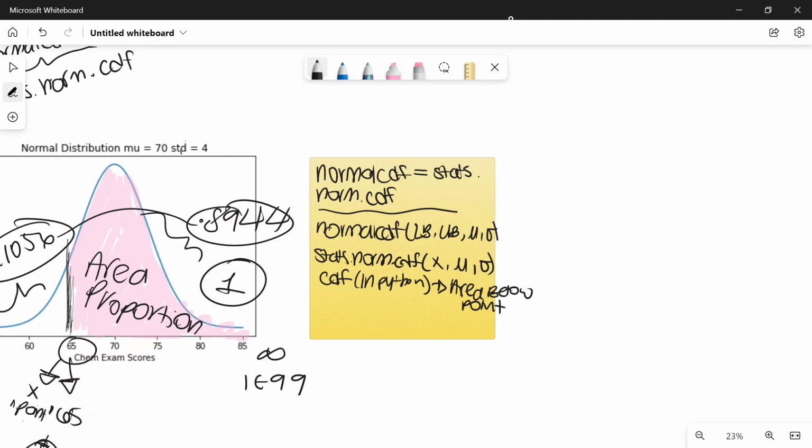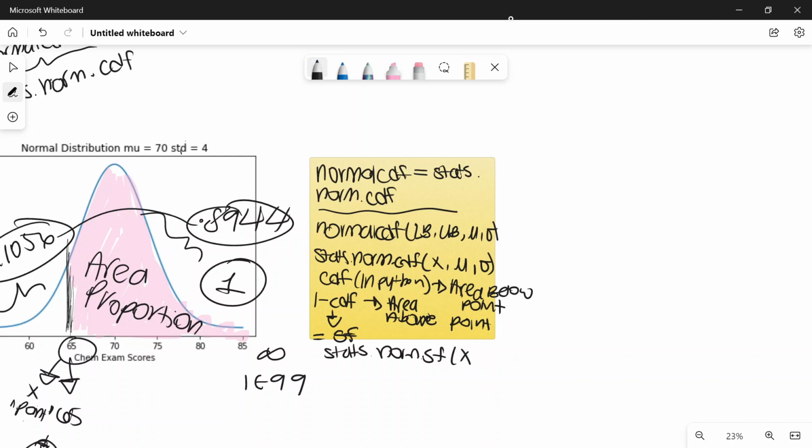And then, so CDF in Python is area below a point, and then 1 minus CDF is area above a point, and then 1 minus CDF is the same as the SF function, which is stats.norm.sf, and you put your, oh, not lower bound, upper bound.